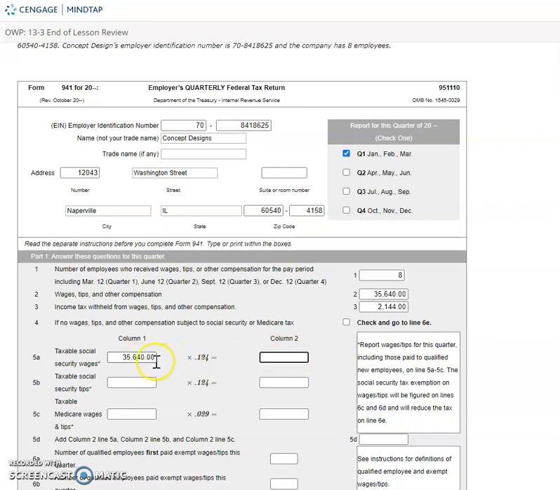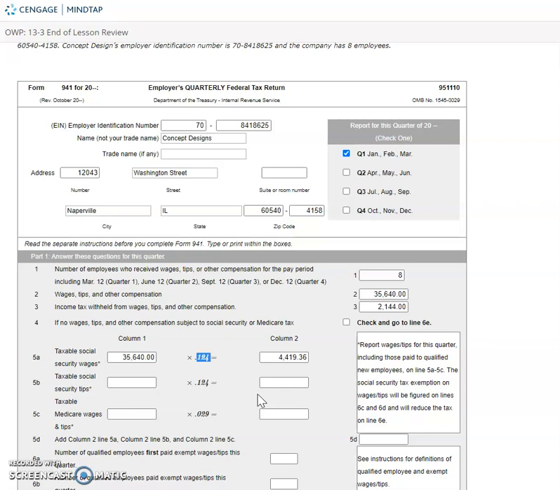Then it tells me right here, I'm going to take that times 0.124. So I get 4,419.36. Now when I look at this number here, 0.124, if I were to write that as a percentage, that would be 12.4%.